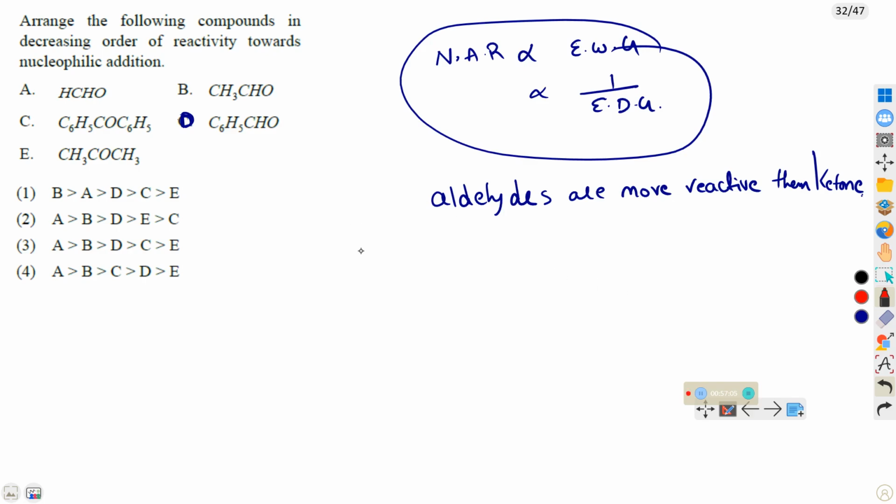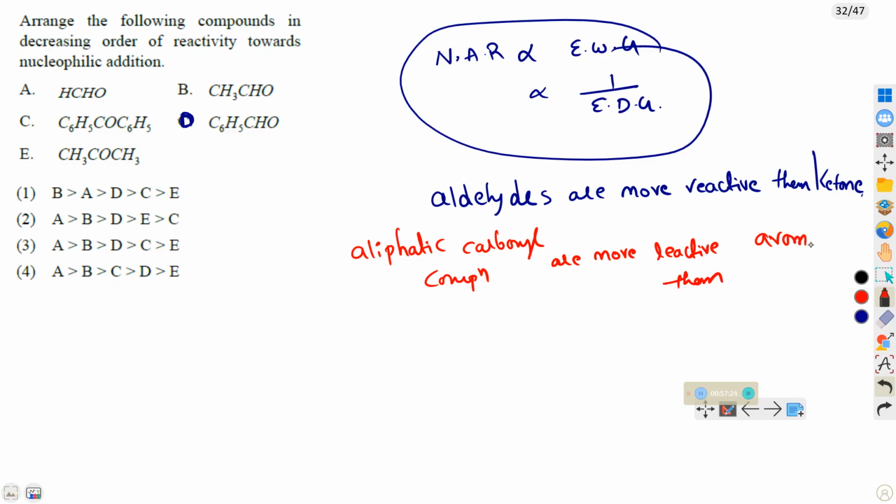One more, aliphatic carbonyl compounds are more reactive than aromatic carbonyl compounds, whether aldehyde or ketone.